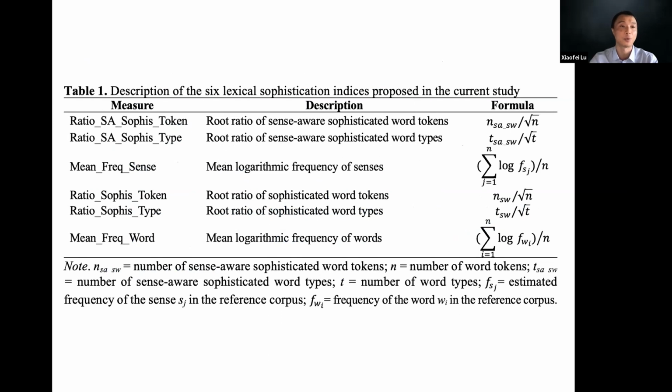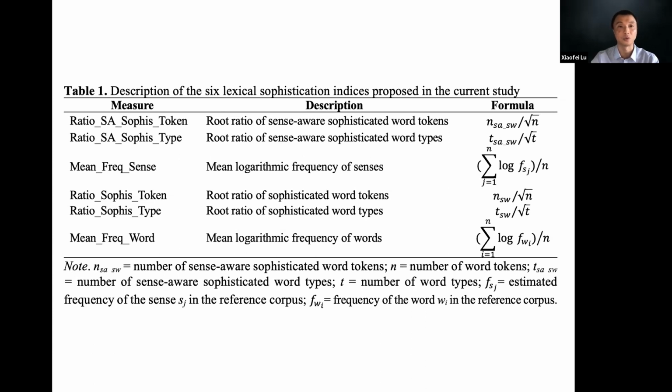Here we have a summary of the measures. Once you have the definition of sense-aware sophisticated words, all these measures become pretty straightforward. We use root ratio just to mitigate the text length effect. But basically it is the ratio of sophisticated words.